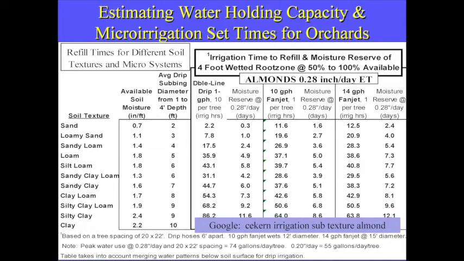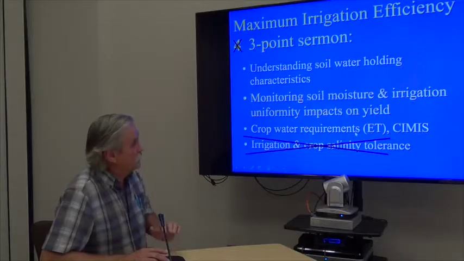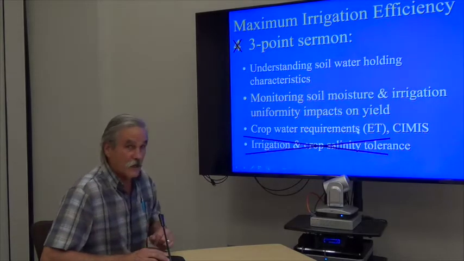So that helps. Your subbing, though, is going to change. Look at this subbing diameter as your soil types change. So you could grab this table and it gives you an estimate of the hours it's going to take you to refill with this much days reserve down to your stress point at about 50% fill. Look on the website. You got to spend more time looking at that.